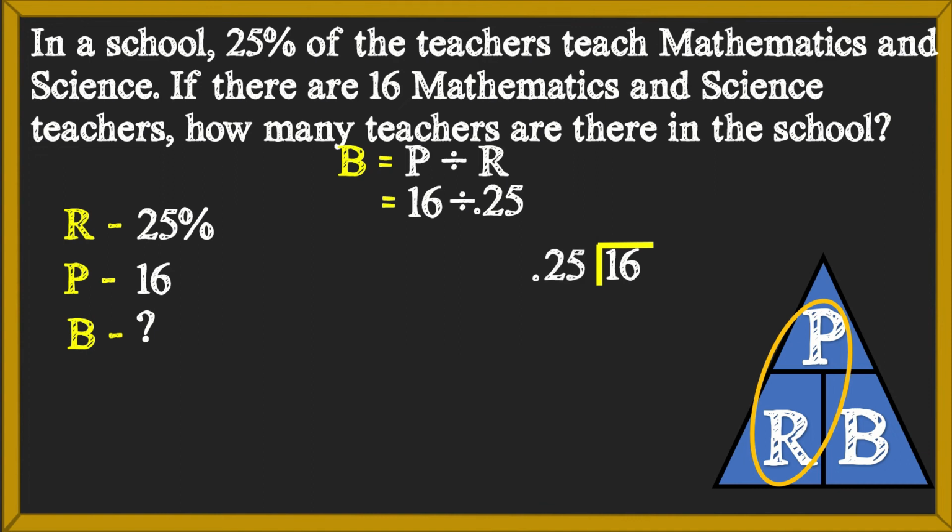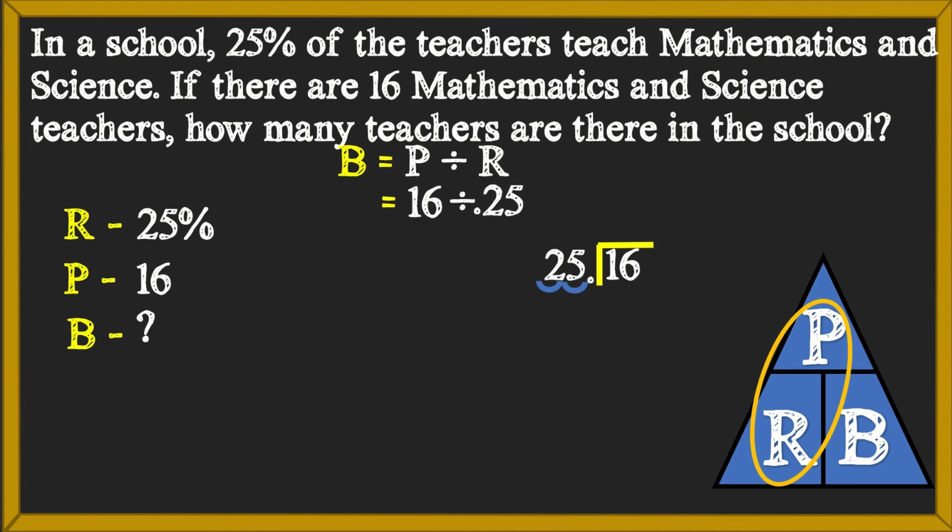We cannot divide if the divisor is in decimal form. We need to change it first to a whole number by simply moving the decimal point to the end. In order to do that, we need to move it twice. 1, 2.